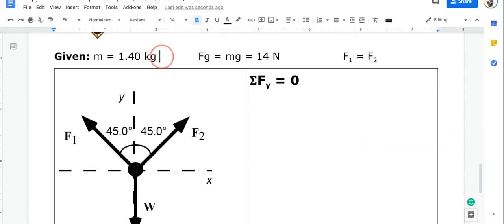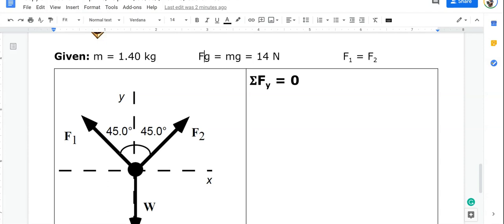Now, here's the tricky part. You just learned this. You're told that the mass of the wine is 1.40 kilograms. Whenever you see a mass and you're doing a force problem, you have to turn it into a weight, or what we call force of gravity. And Friday, you learned that in order to turn a mass into a weight, technically you should multiply by 9.8 meters per second squared.